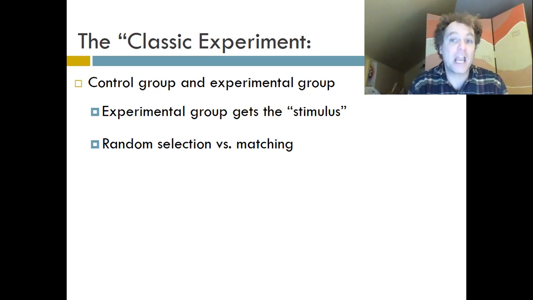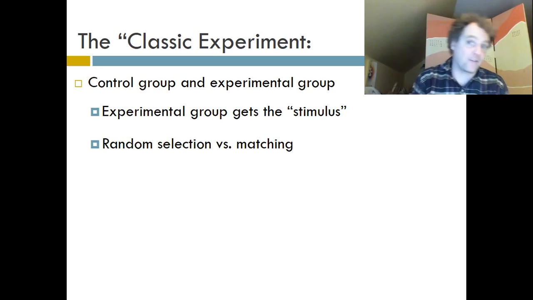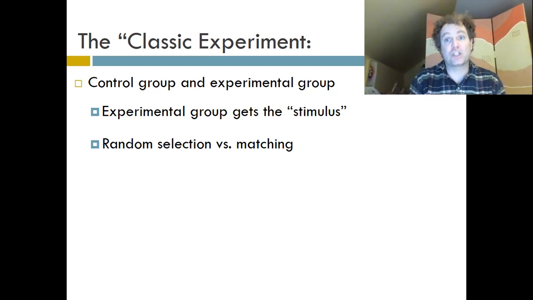You just let chance decide, right? And the idea here is if you're not purposely putting one group of people into the control group and another into the experimental group, if you're just letting chance or randomness decide, then the two groups will be similar to one another, right?